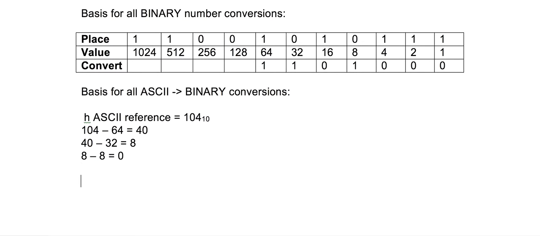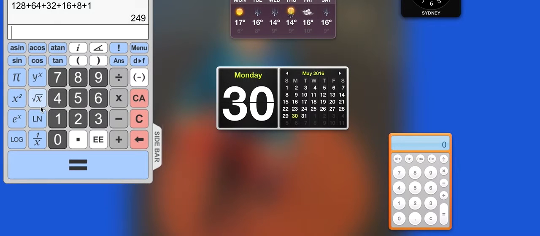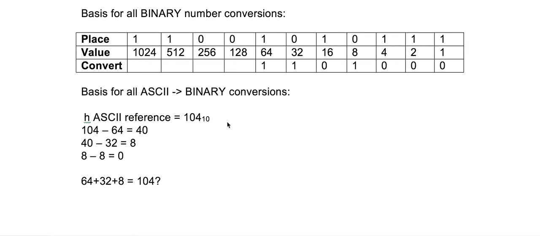So now if we do the calculation, we say this value, so 64 plus 32 plus, no, 16, 8. Hopefully it gives us 104. Let's just check. 64, 32 and 8. Of course that's correct.